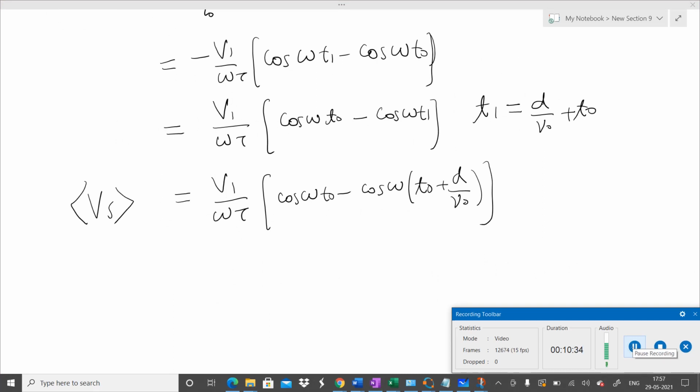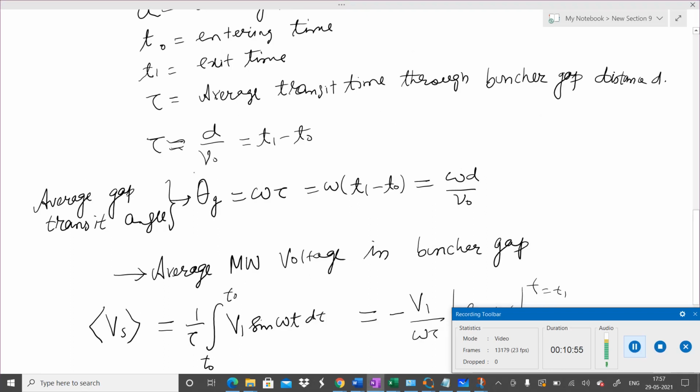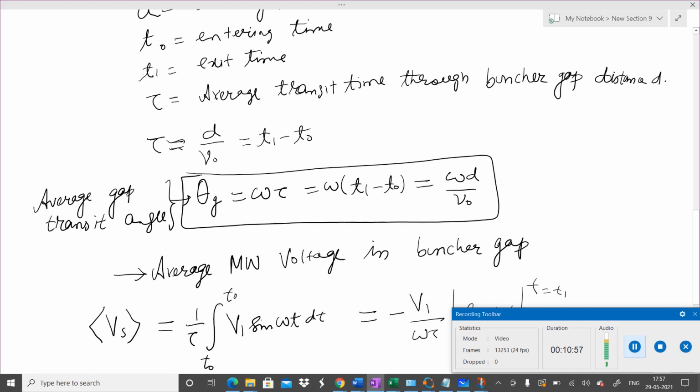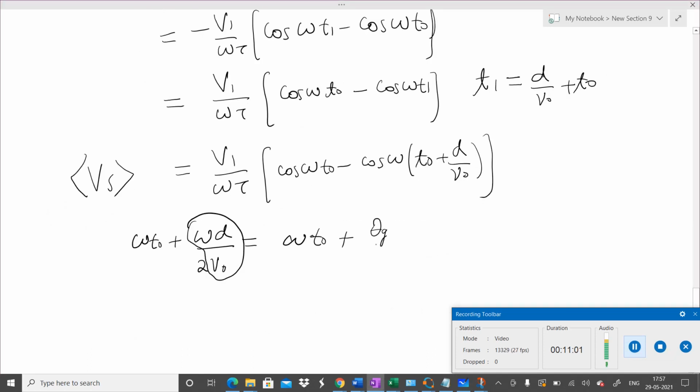Now we will do some manipulations. The first manipulation is like this. Omega t0 plus omega d divided by 2 V0 I can write as omega t0 plus, what is this omega d by V0? Going back, this is the average transit angle we defined. So I can write here theta g divided by 2, and let that equal a. Then omega d divided by 2 V0, which is theta g by 2, let that equal b.